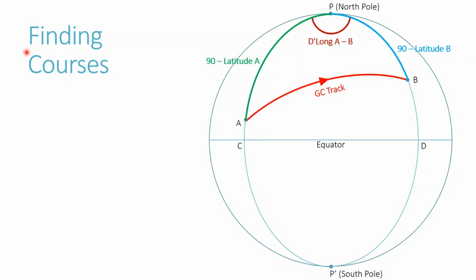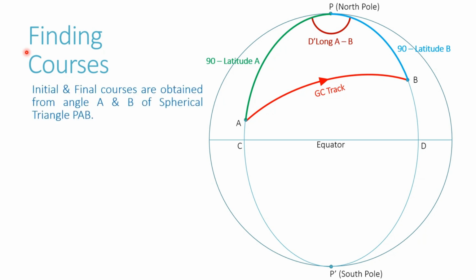Now, having found the great circle distance between our starting and destination position, we come to the second part of the question now. The second part requires us to find out the initial and final courses. Now, to find the initial and final courses, we need to calculate angle A and angle B of the spherical triangle PAB.